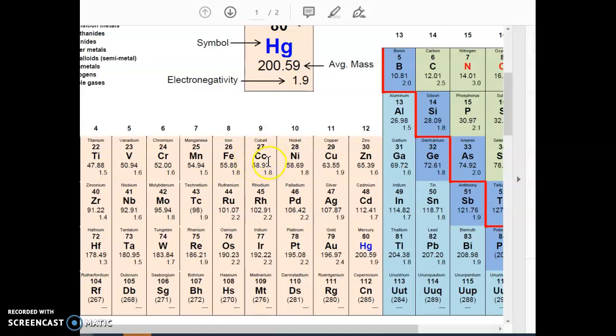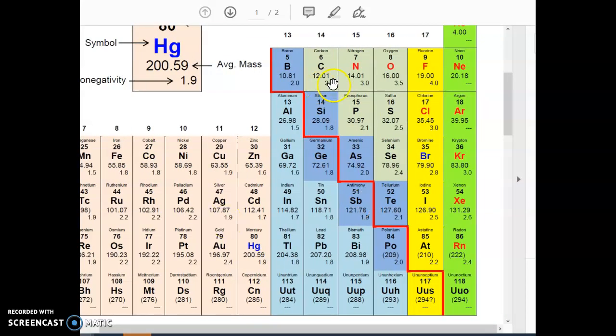So that means the highest percentage for the cobalt isotope that exists would be 59, right? Same thing if you look at carbon. Carbon exists in different isotopes, but the average is 12.01, which is very close to carbon 12. Carbon 12 is the most commonly seen isotope of carbon.